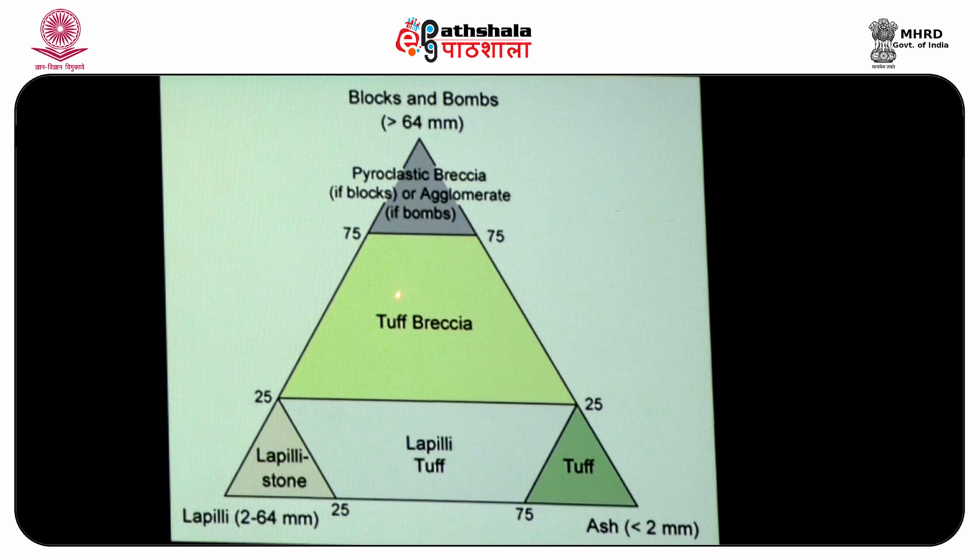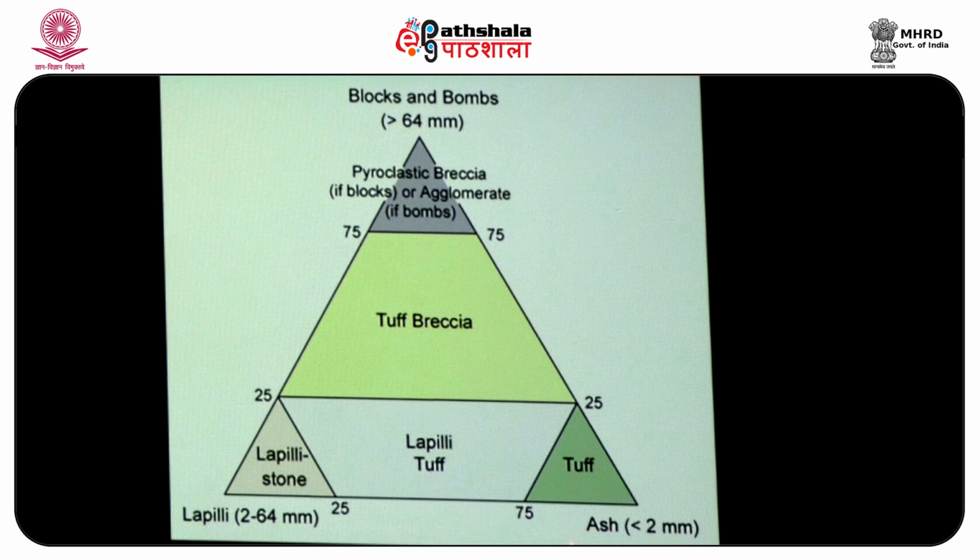So, lapilli is again very, very fine grained glassy material. This is ash. So, you will have blocks or bombs, ash and lapilli. So, you can have agglomerates, tuffaceous breccia, lapilli.